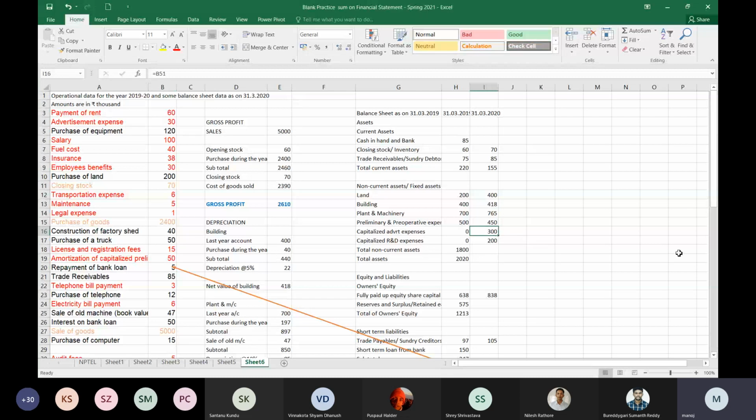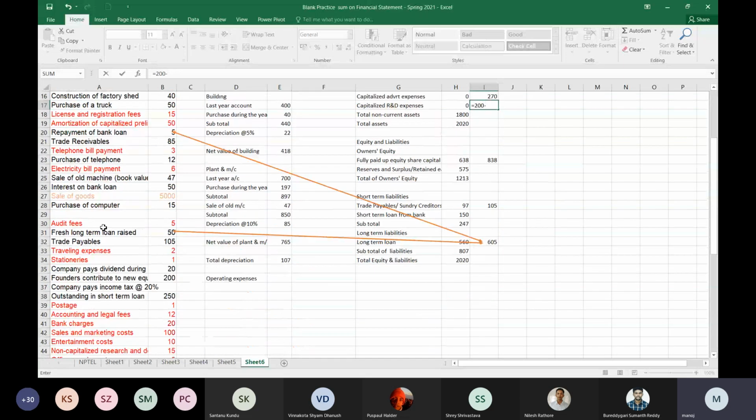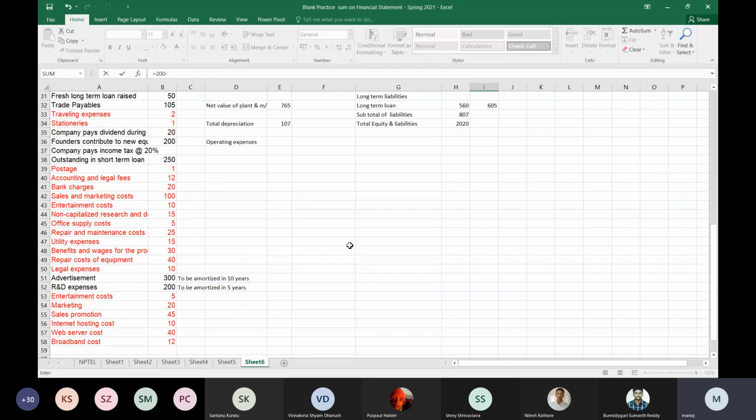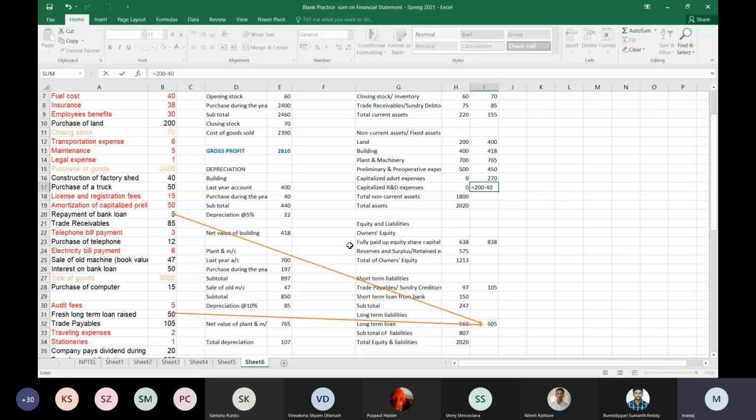This becomes 300 minus 30 rupees. That means 270. And this becomes 200 minus how much? Your total cost is 200. You are going to amortize in 5 years. So annual amortization is 40 rupees. So it should be 200 minus 40 rupees. That means it is 160. This is capitalized advertisement expenses, capitalized R&D expenses.